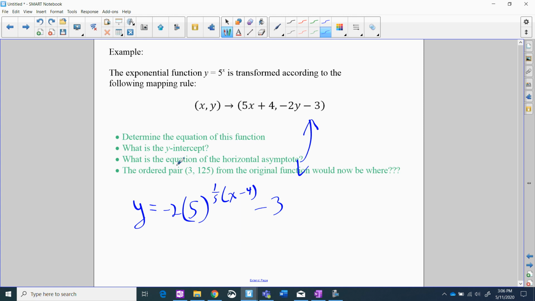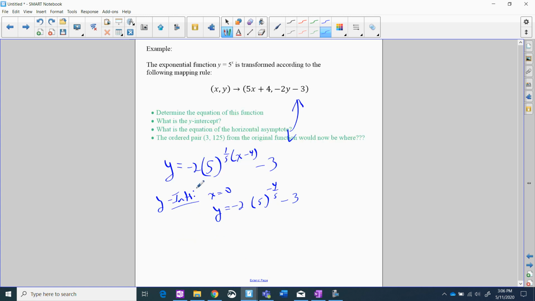What is the y-intercept? Well, the y-intercept here is going to be a little bit ugly because if you let x be 0, use your function, so y will be -2, 5 to the -4/5 minus 3. So we're going to get a decimal.